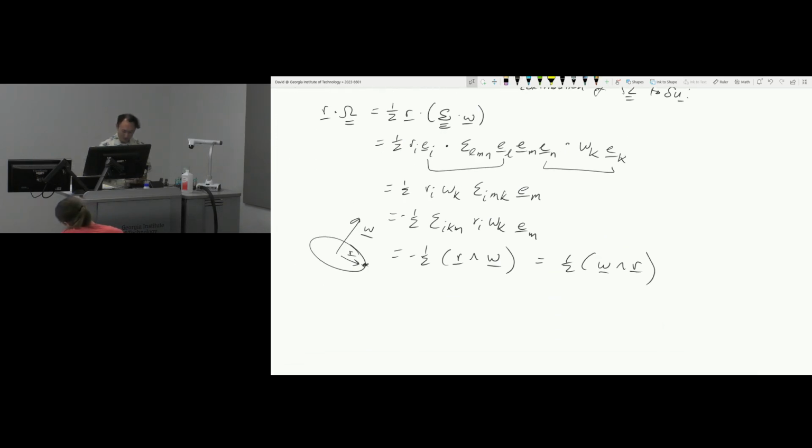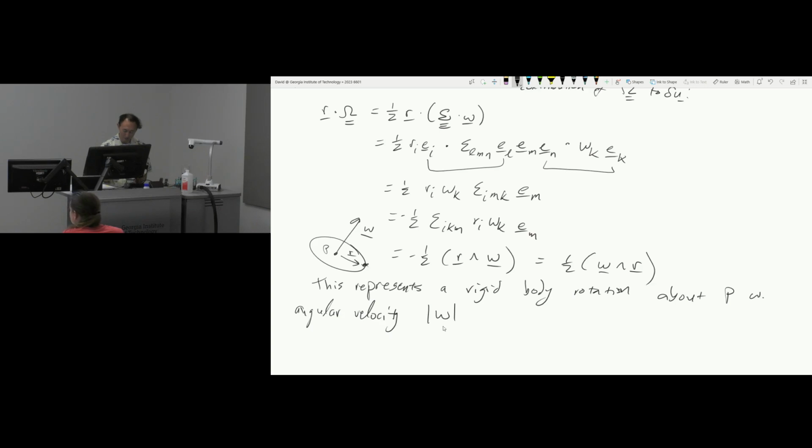So physically, let's say we're going to call this a point P. This represents a rigid body rotation about P with angular velocity, which is basically given by the magnitude of omega over 2.